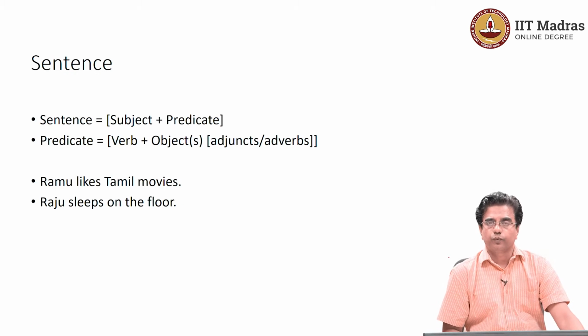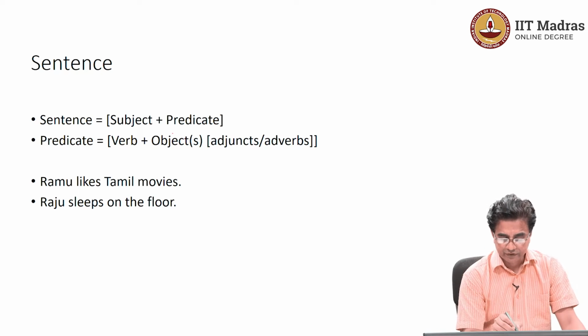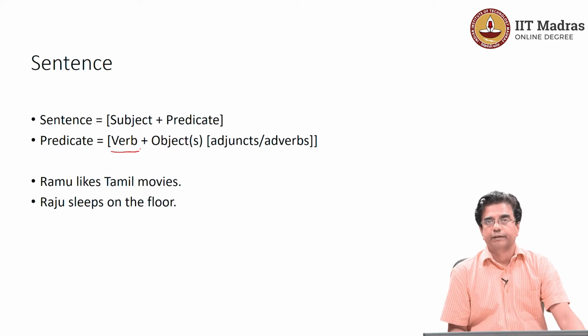So, when we look at if and whether type of clauses, let's refresh our understanding of a sentence. A sentence is a combination of a subject and predicate, where the predicate has verbs within them.